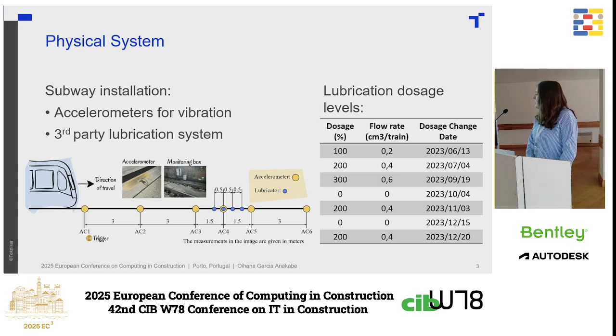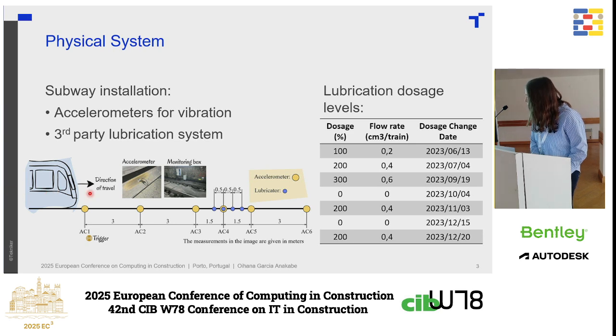So in the subway, we had an installation with 6 accelerometers to read the vibration of the rail, and there was also a third-party lubrication system there. The idea is that the train comes from here.